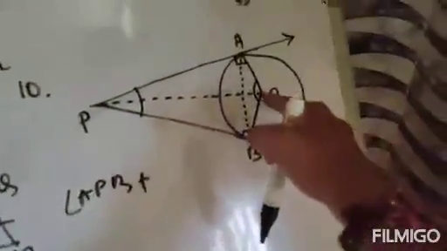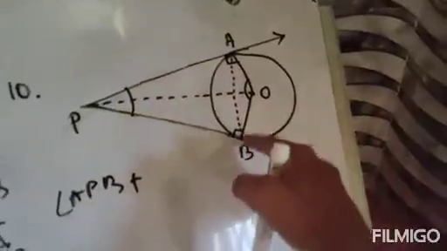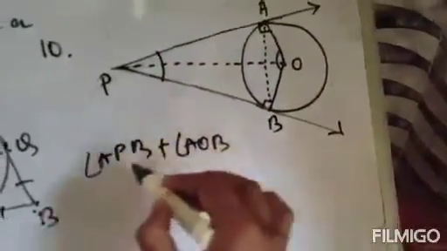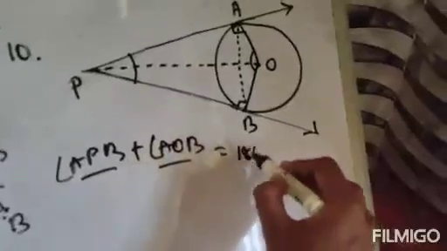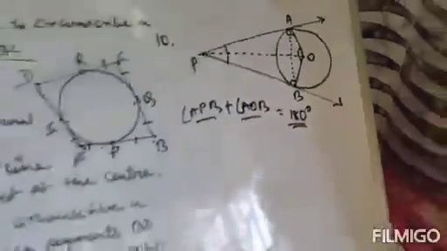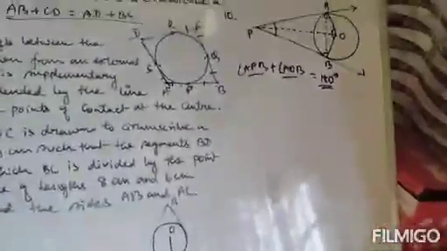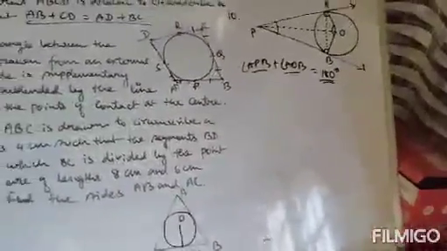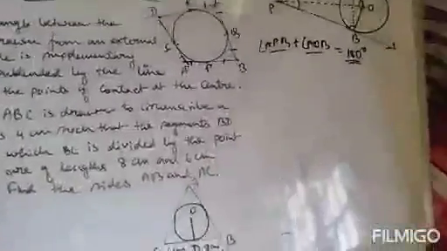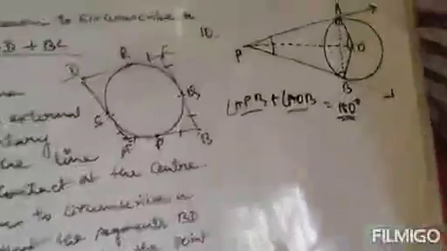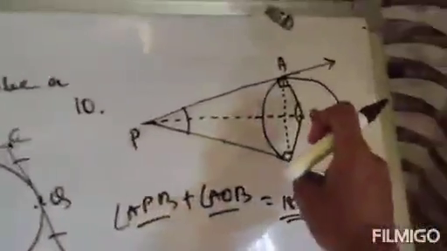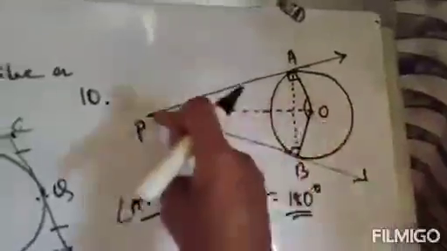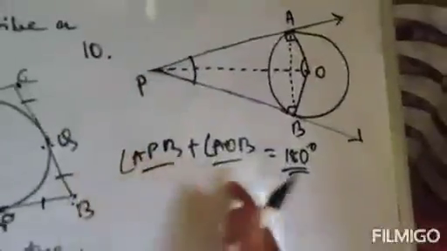So these angles are supplementary. We have to prove angle APB plus angle AOB equals 180 degrees. Supplementary means 180 degrees. We have to prove this expression. Clear? So let's start. Now see, in triangle OAP and triangle OBP, we have to prove this expression.